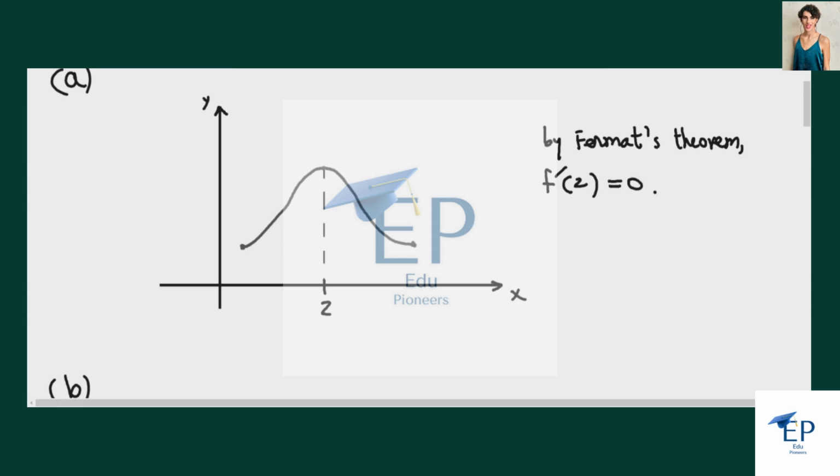That's because we are saying that the function has a local maximum at 2 and is differentiable there. So then we apply Fermat's theorem, we know the derivative has to be 0. So this is an example of that. We have a local maximum value at 2.